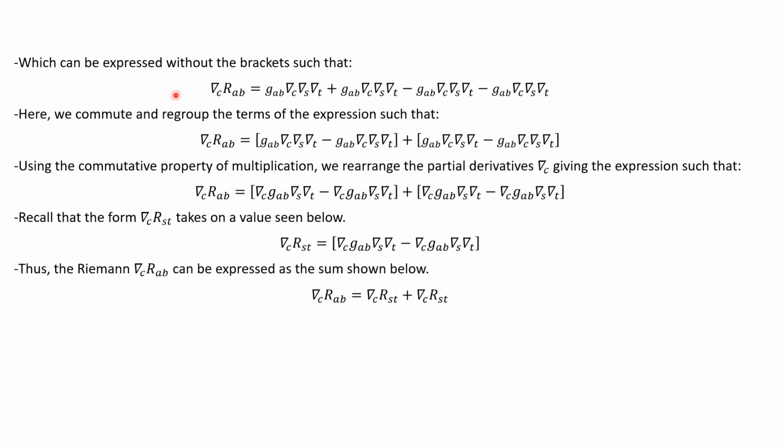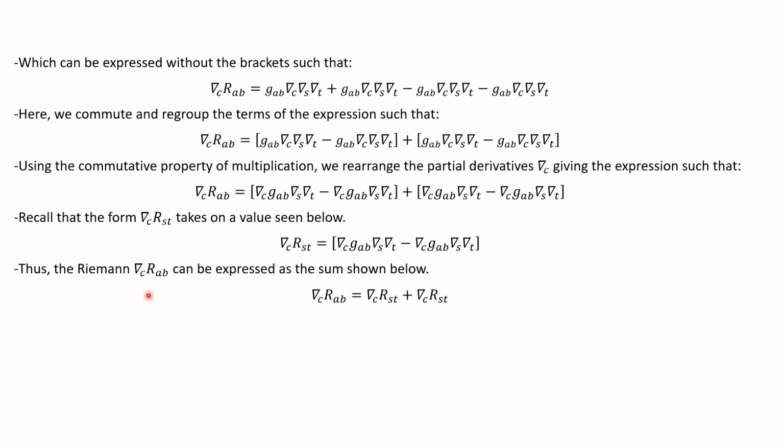which can be expressed without the brackets such that, as we see here. Here we commute and regroup the terms of the expressions as we see here. Using the commutative property of multiplication, we rearrange the partial derivatives, giving the expression such that, as we see here. Recall that the form of this product takes on the value as seen below.